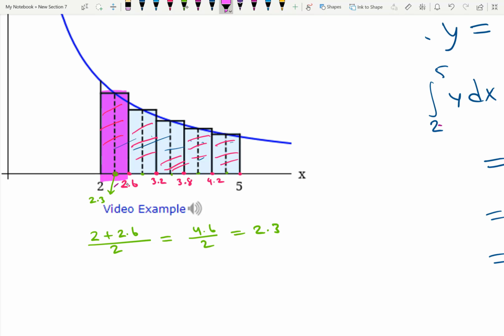So for this rectangle, the width is 0.6, and this part would be f of 2.3, because f of 2.3 would be this length.